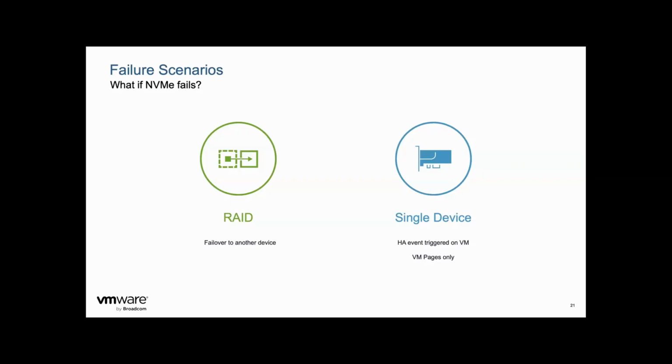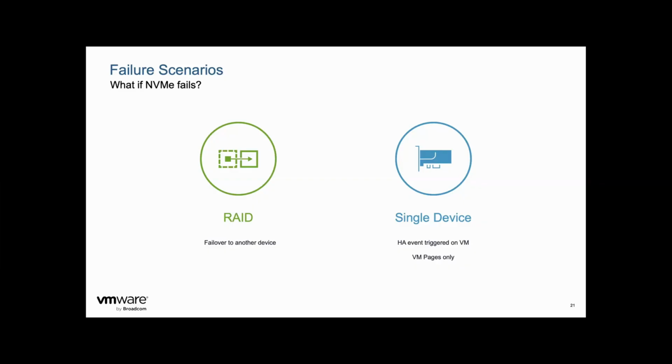Now, the failure or the HA event is not all at one time. It depends on the activity on the back end, meaning that if a VM is requesting a page that lives on an NVMe device that is dead, that VM would trigger an HA event because it can't find that page.